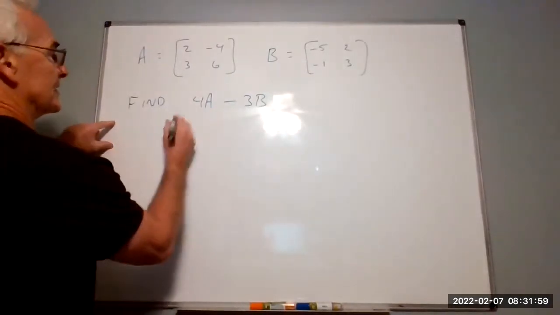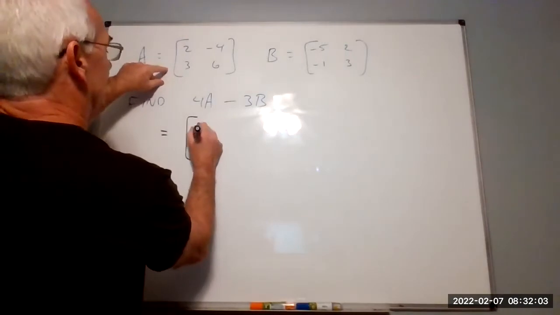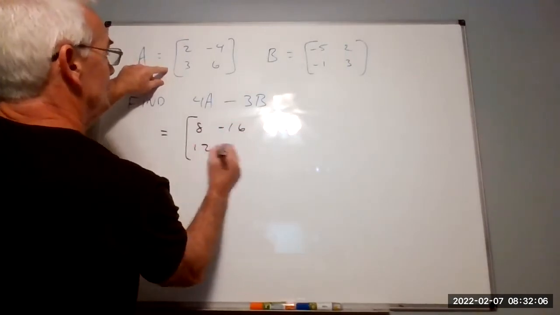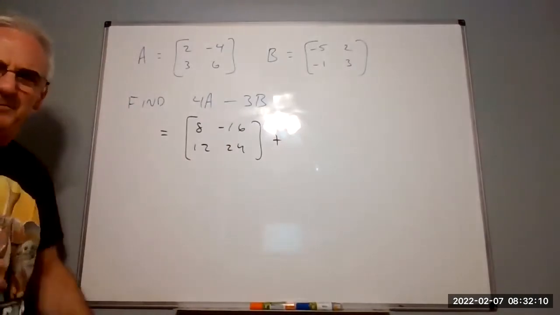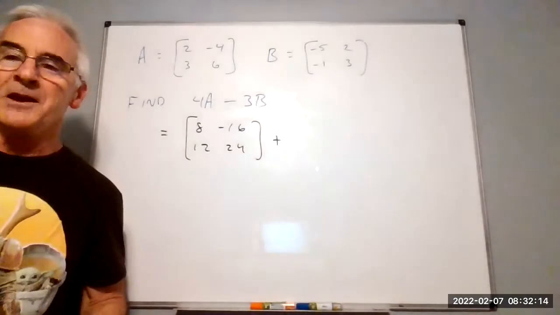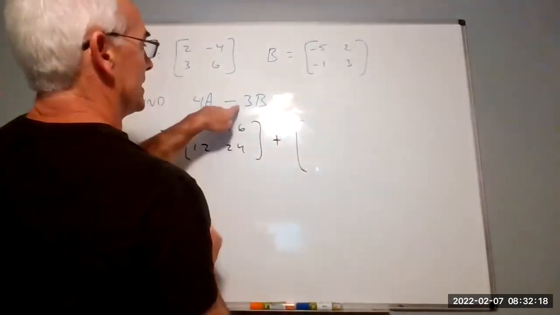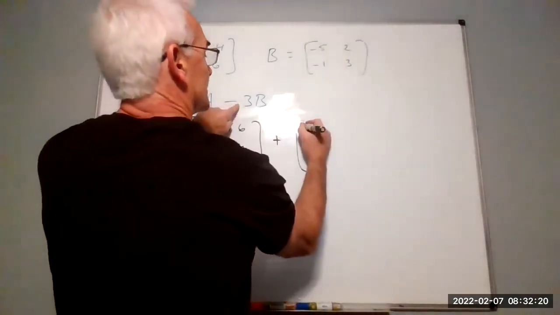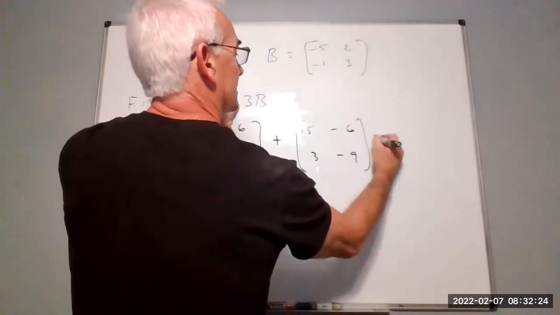Easiest way to do this is, what is 4 times matrix A? That would be 8, -16, 12, 24. Don't subtract, add. Never subtract, because when you subtract, you make errors that shouldn't occur because we sometimes go too fast and overlook. What am I adding? -3 times B. So 15, -6, 3, -9.